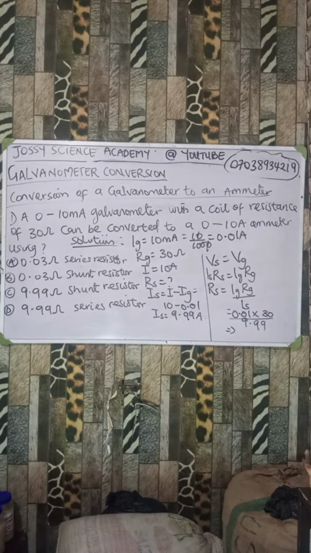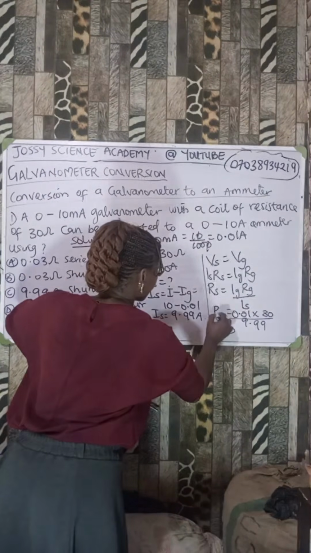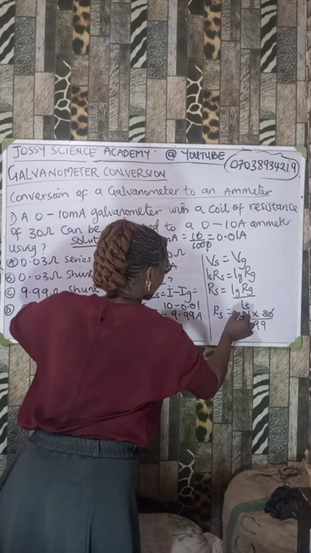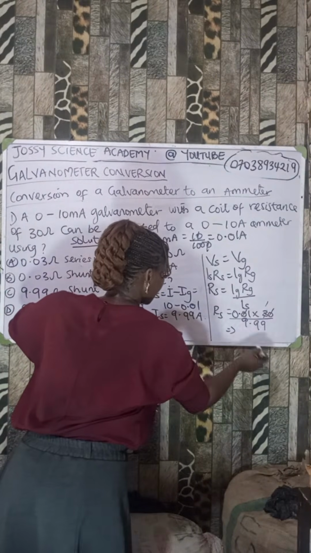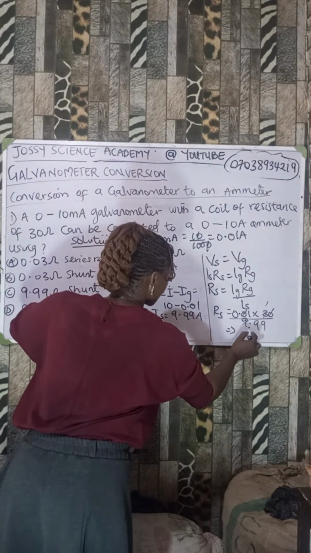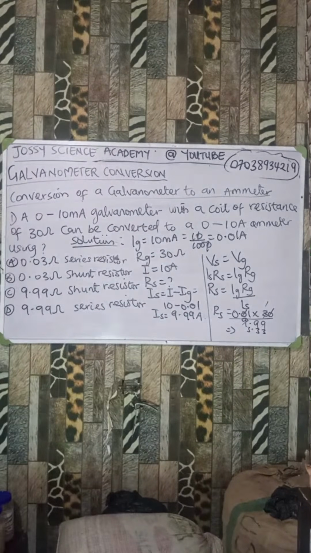Now, who can tell me the answer to this question? This cancels this, so this can divide to be 1, and this can divide to be 3.33. Who will tell me the correct answer?